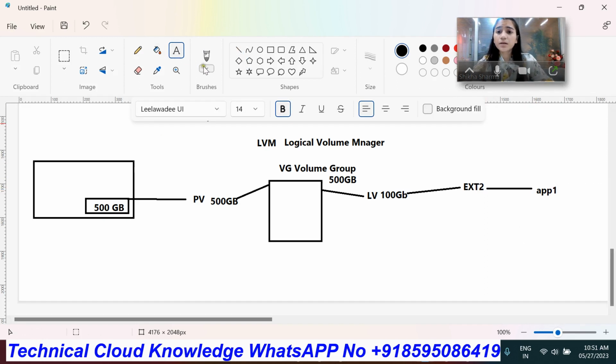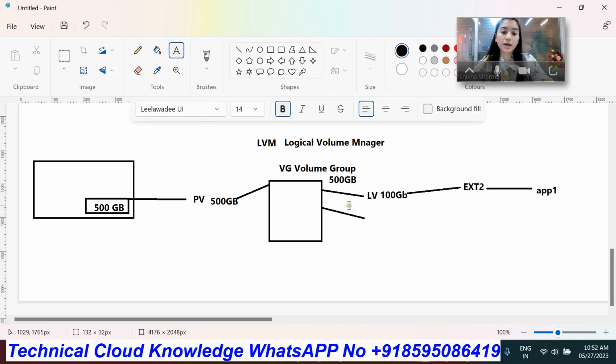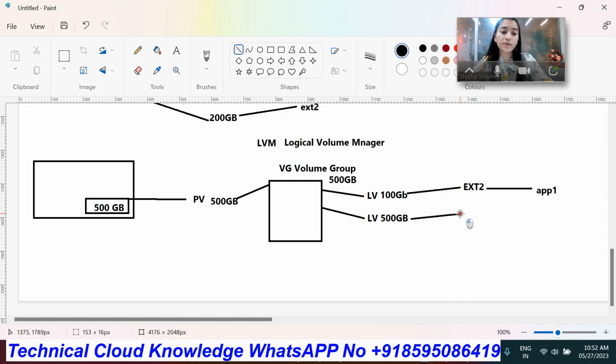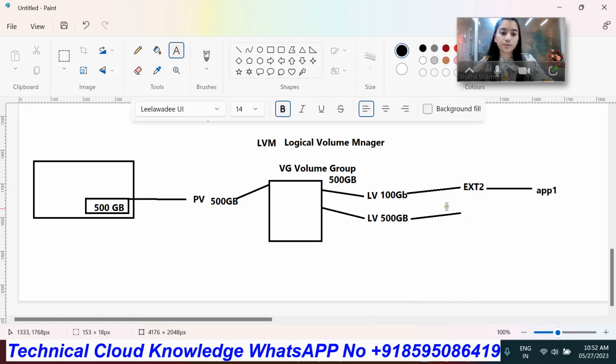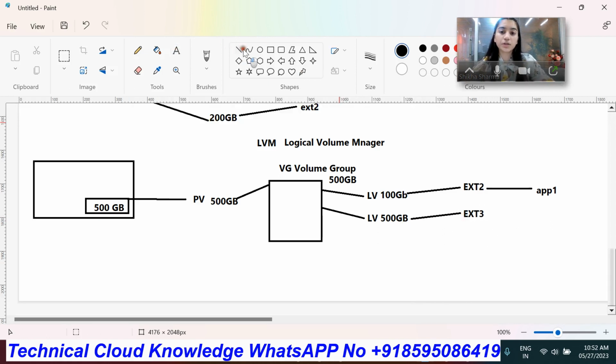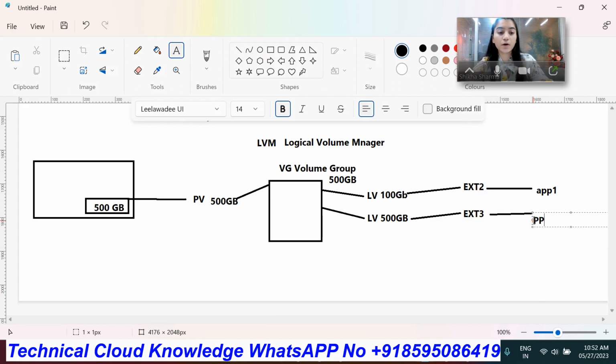Similarly, we will also create an LV of 100 GB, on which we will format the ext3 file system to fulfill the demand of application 2, and we will connect this file system to application 2, because all these applications are generating only about 100 GB of data.